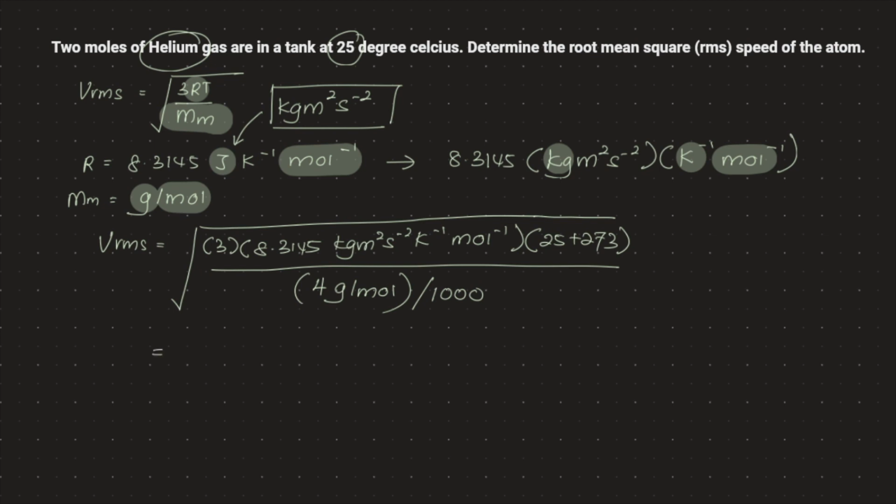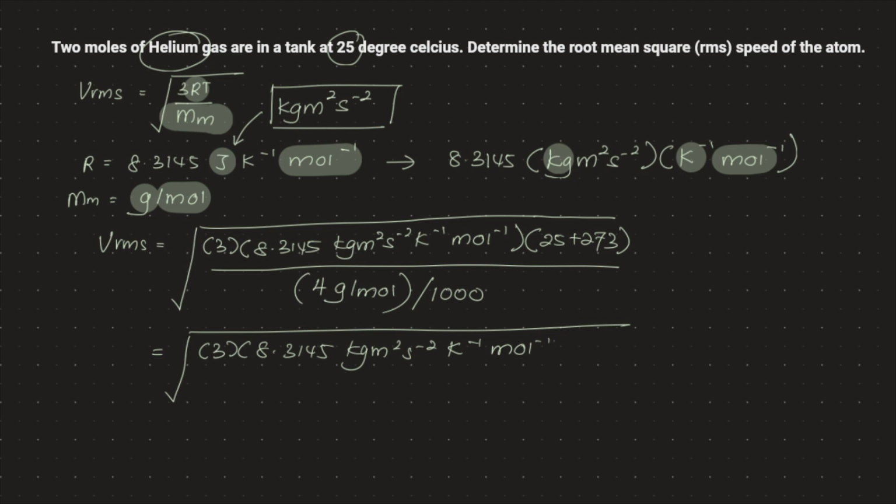So basically what you're going to get is 3 times 8.3145 kilogram meter square per second per Kelvin per mole times the temperature, which is 298, divided by 0.004 kilogram per mole. So what you're going to do now is cancel out all the things that we can.